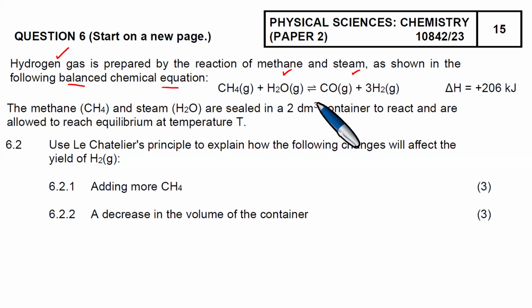The reaction is in equilibrium because we can see it is proceeding in the forward but also in the reverse directions. The products are carbon monoxide gas and hydrogen gas. Methane CH4 and steam H2O are sealed in a 2 cubic decimeter container.